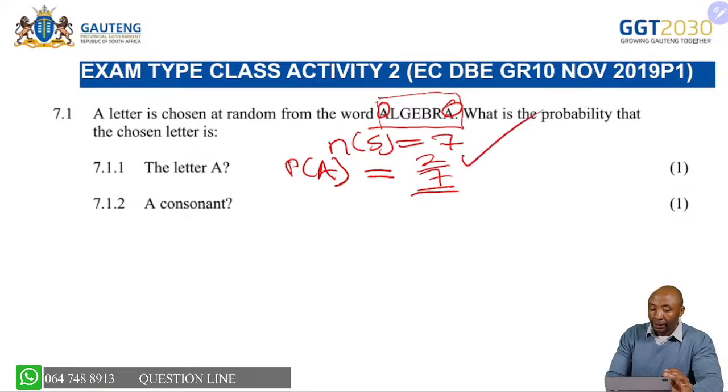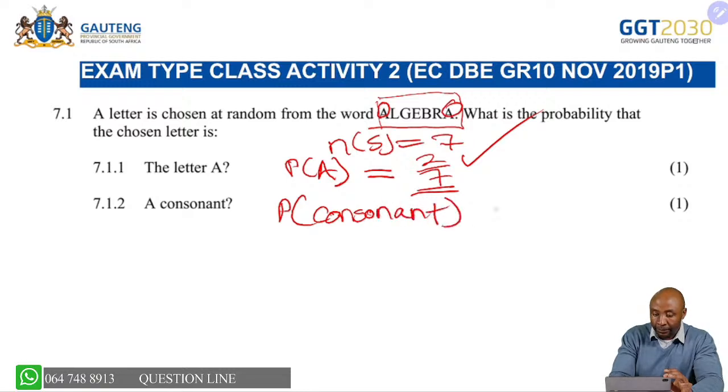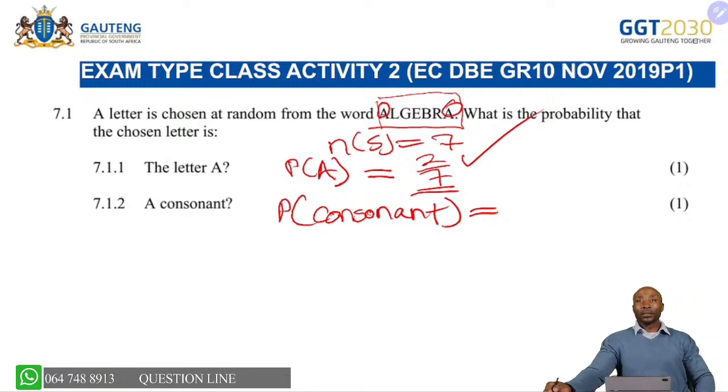2 out of 7. What is the probability that the letter chosen is a consonant? Do you know what a consonant is? So the probability of getting a consonant. A consonant, these are letters that are not vowels.